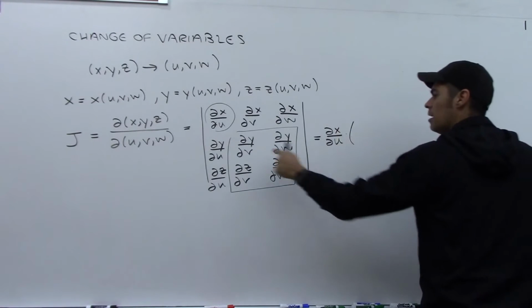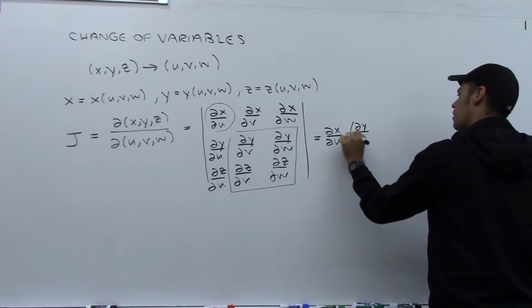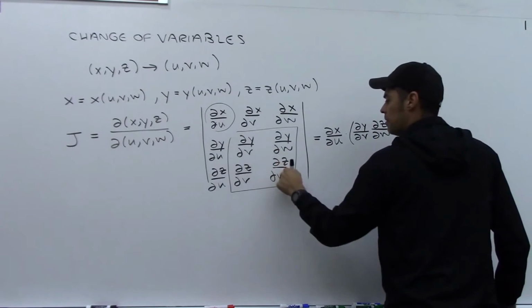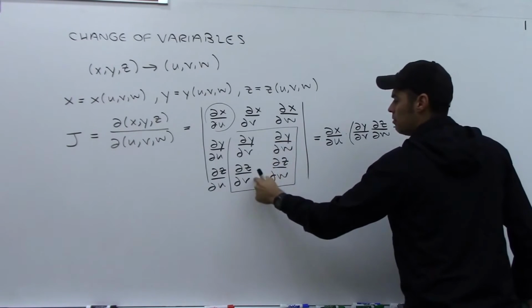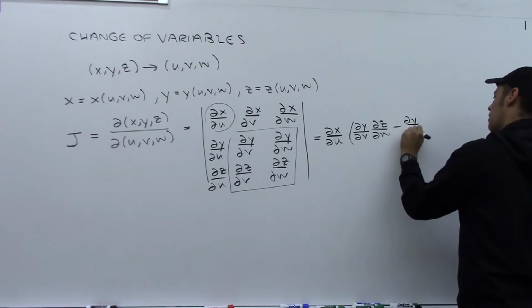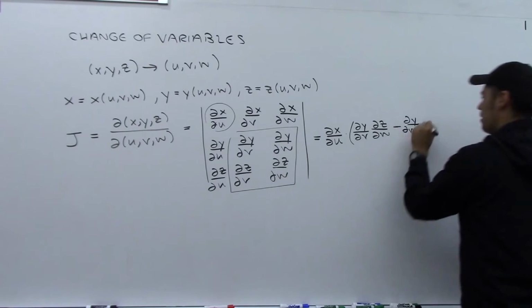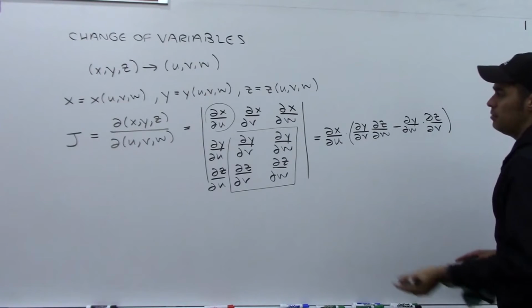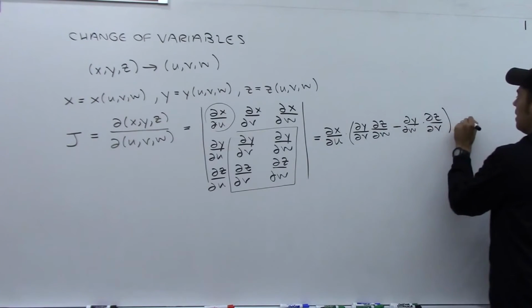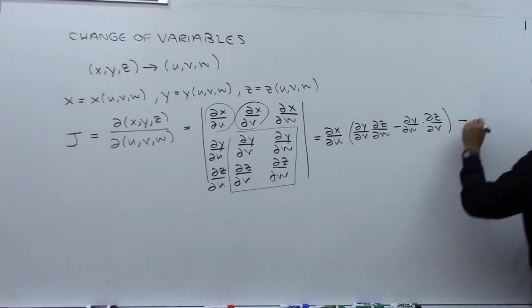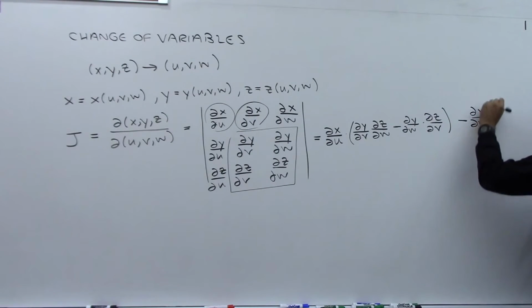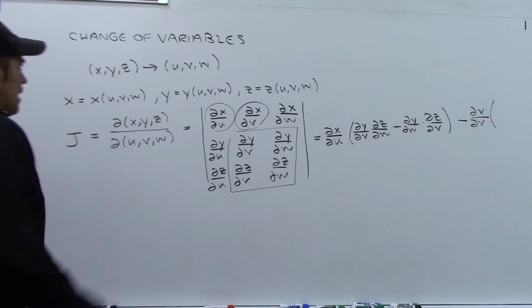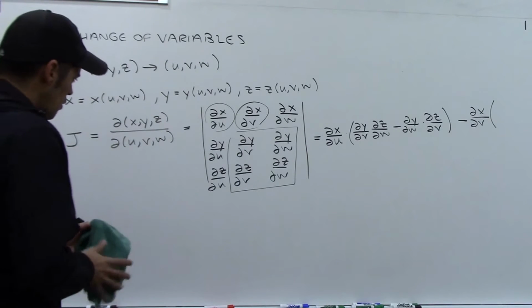So that times this, so partial y with respect to v times partial z with respect to w, so that's this times this, and then minus partial of y with respect to w times partial z with respect to v. And then I continue. I'm not going to do it all, but the next one would be minus, and then this partial x with respect to v, and then I would have another determinant. So I'd have a total of three of those. And that would be how you change over with three variables.